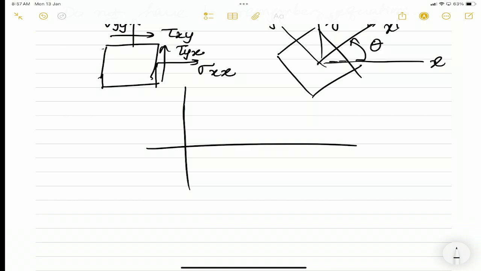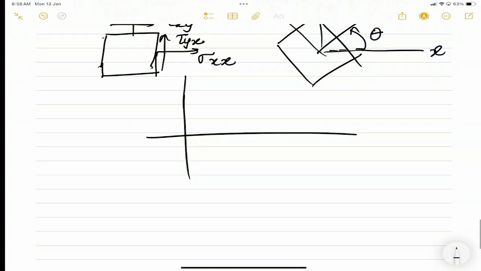now here I have assumed everything is positive. If it is negative, that means if the stress is compressive, then you have to put a minus sign. So if we are going to the right, we have to go to the left or whatever. So now let's see, first let's see it with positive.